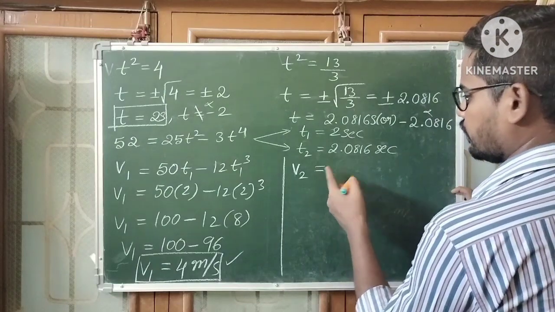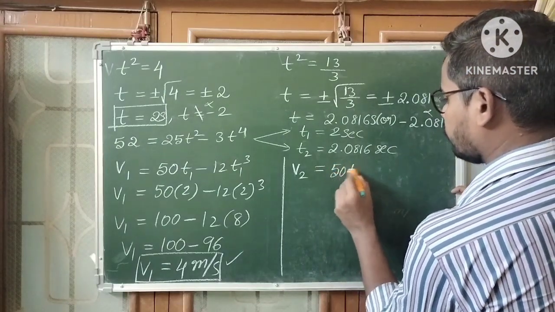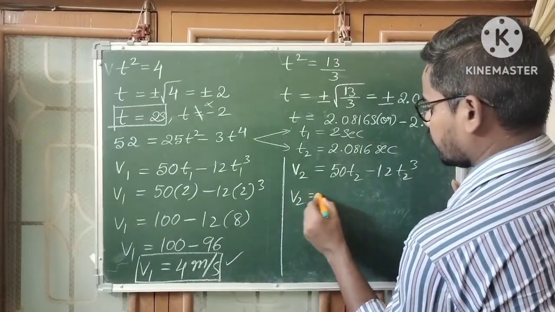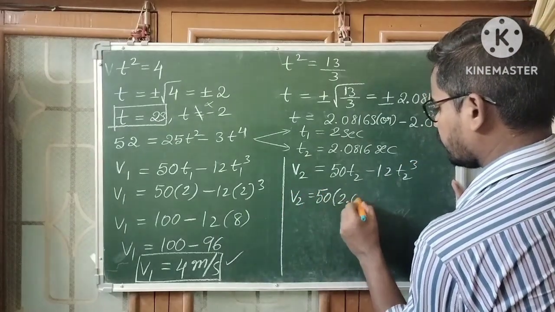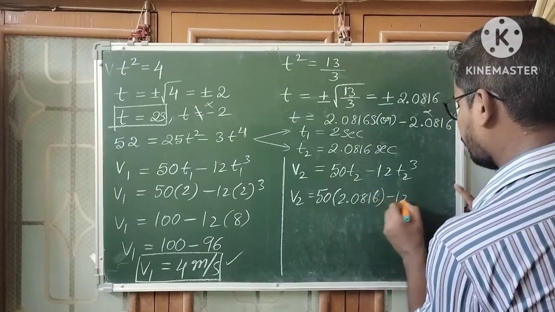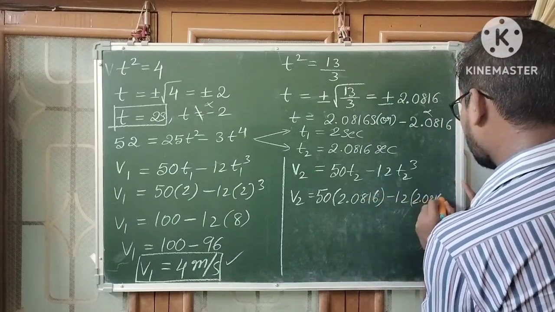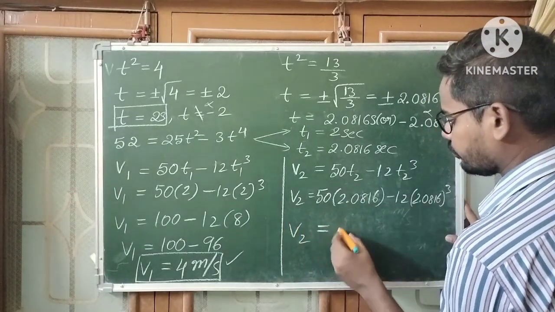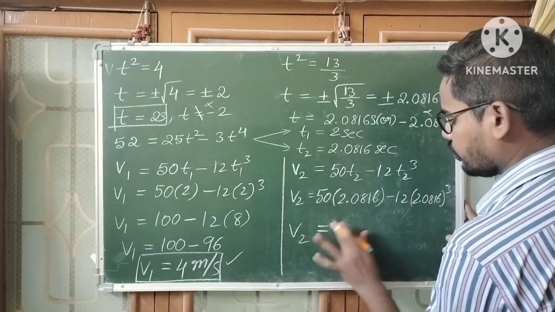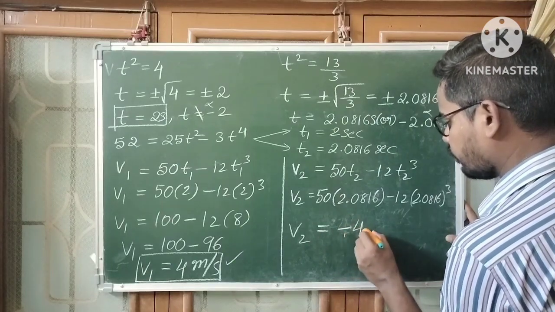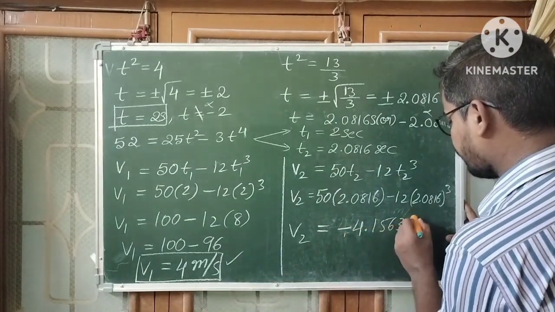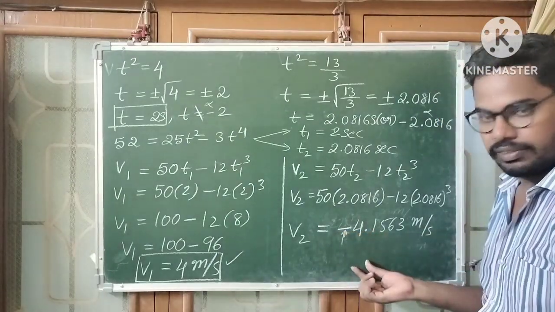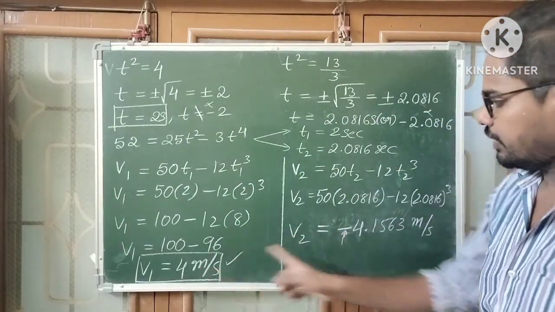4 meter per second. This is one solution. So one more solution: v2 is equal to 50 t2 minus 12 t2 cube. So what is t2? t2 is equal to 2.0816, so 50 into 2.0816 minus 12 into 2.0816 whole cube. If you calculate, you will get a negative value, around minus 4.1563 meter per second. Remember, this is positive velocity, this is negative velocity.